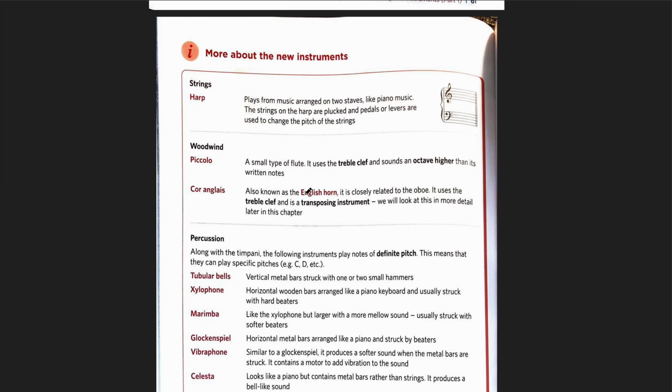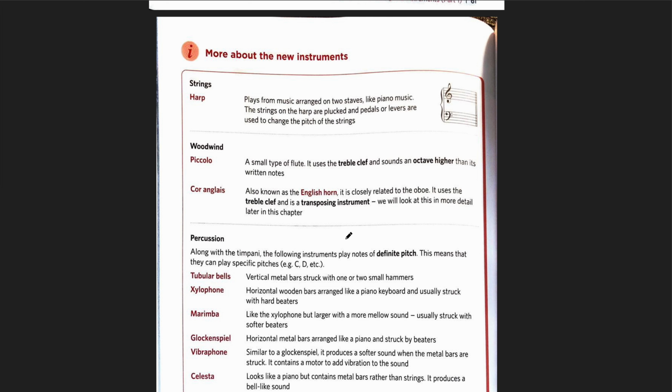The harp plays from music arranged on 2 staves, like piano. They're plucked, and pedals or levers are used to change the pitch. The piccolo, a small type of flute, is in the treble clef, which sounds an octave higher than its written notes. The cor anglais is known as the English horn, very closely related to the oboe.